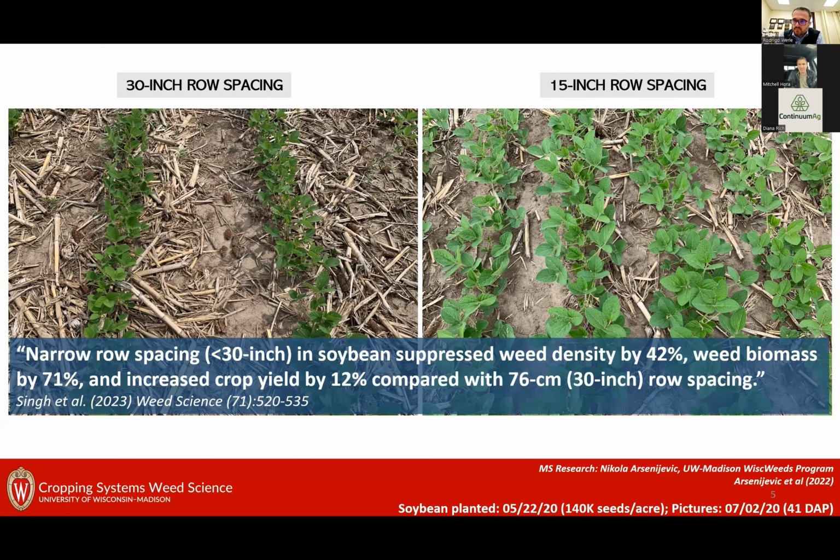I mean, it's going back to mimicking Mother Nature, right? Mother Nature doesn't want this variability. Mother Nature wants consistency. So very interesting that it's not just the temperature, but the flux in temperature, incentivizing that weed to germinate and to go.